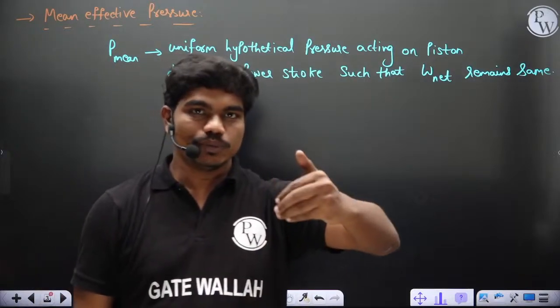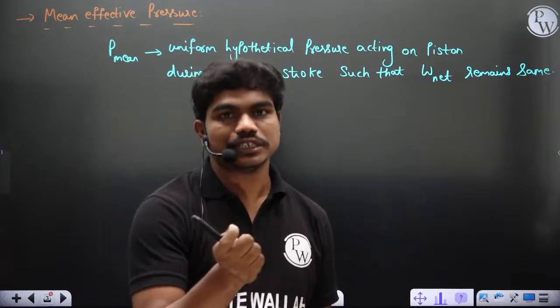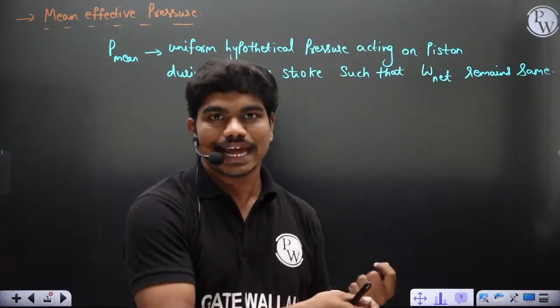But if you assume that there is some constant pressure throughout the expansion process, then what could be the value of that pressure? That is very easy for a lot of engine calculations when you go into details.